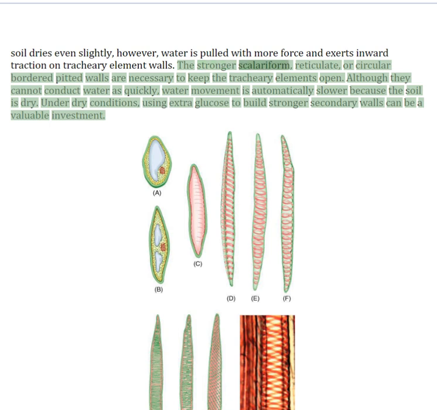The stronger scleriform, reticulate, or circular bordered pitted walls are necessary to keep the tracheary elements open. Although they cannot conduct water as quickly, water movement is automatically slower because the soil is dry. Under dry conditions, using extra glucose to build stronger secondary walls can be a valuable investment.